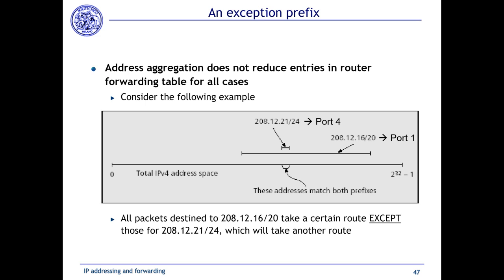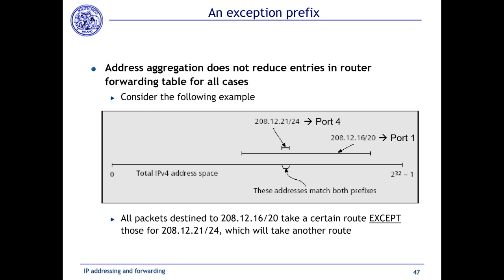So route aggregation is usually exploited very widely, but sometimes you also need to break this general trend and export, in routers that are outside the network, addresses that are also specific.